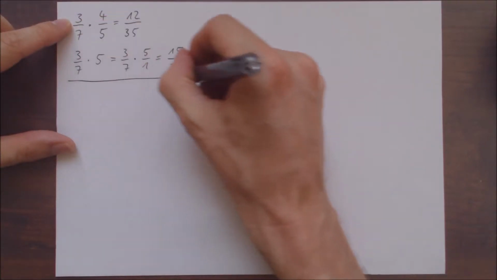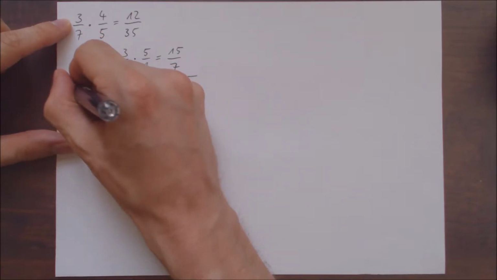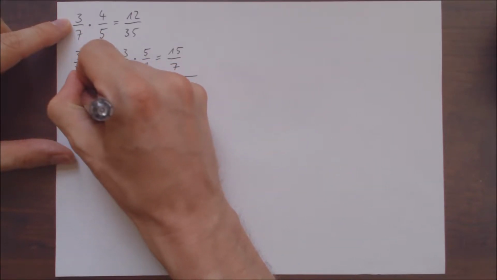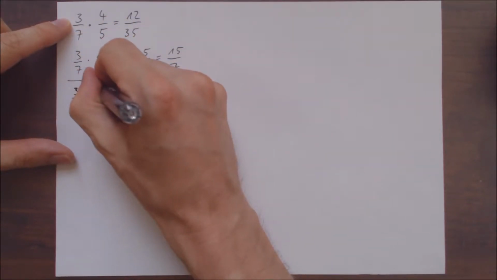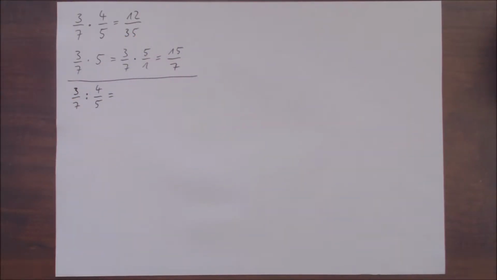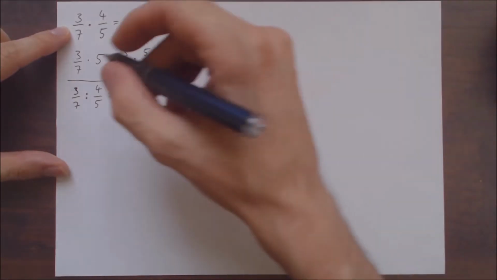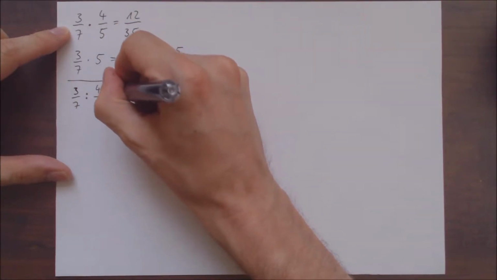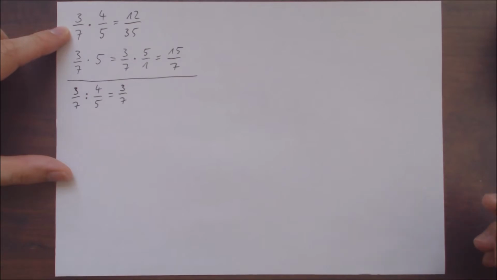The next thing that we do is dividing fractions. For example, 3/7 divided by 4/5. Dividing is similar to multiplying, but we first have to make the inverse value of the second fraction. So the first fraction we leave as it is, 3/7, and then we multiply by the inverse value.